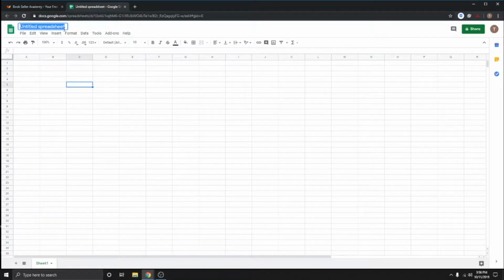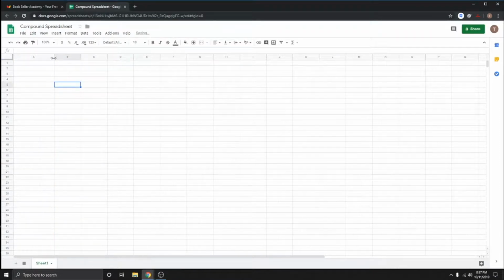For now, I'm just going to call this a compound spreadsheet. Let's go ahead and do one of the main questions that a lot of people ask, which is, how much do I really need to invest into my business?